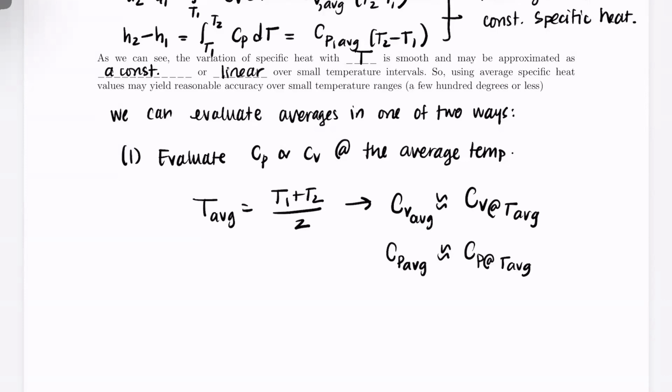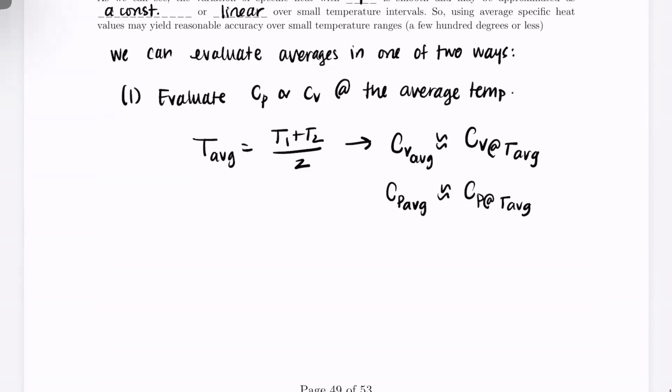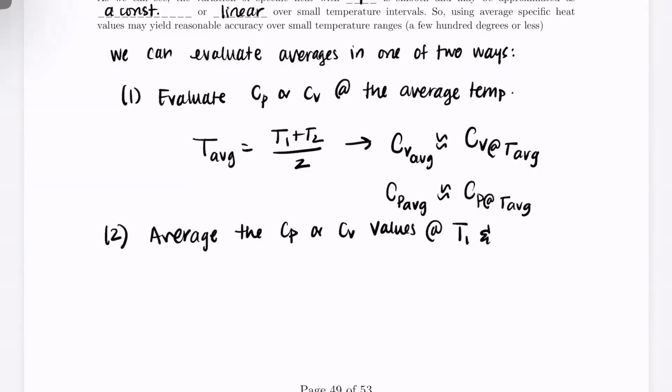All right. So that's one approach. The second approach is the following. So we can average the CP or CV values at temperatures T1 and T2.